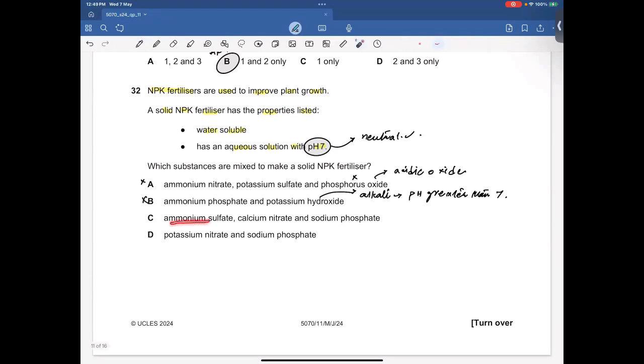Next, ammonium sulfate is fine, calcium nitrate is fine, sodium phosphate. NPK. I cannot use this because ammonium salts are acidic.